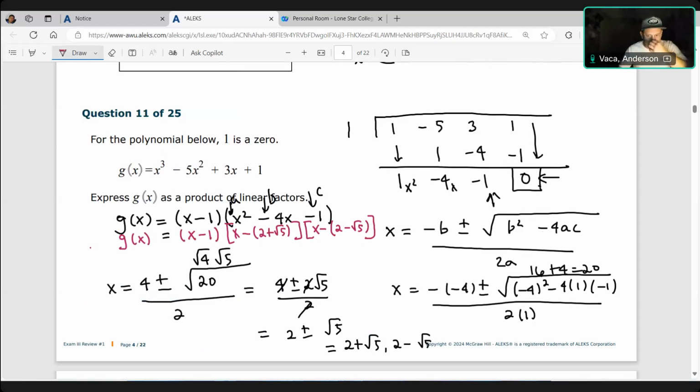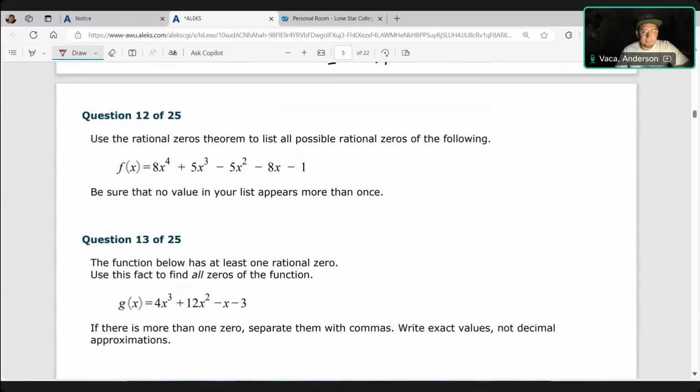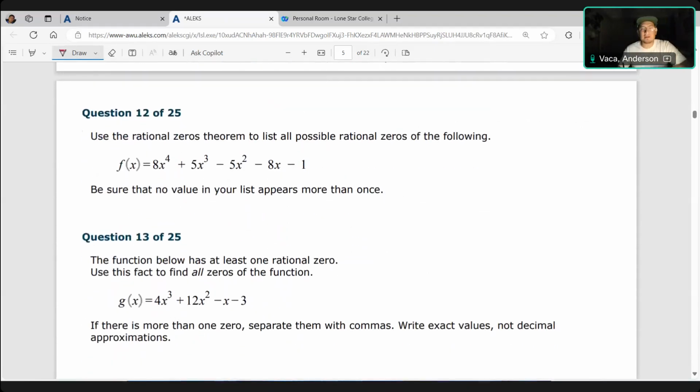Moving on. Let's see if we can get some easy stuff here because the other stuff is complicated. This is the rational zeros theorem, which says that if we have a polynomial, possible rational zeros are p divided by q. What in the world is p?